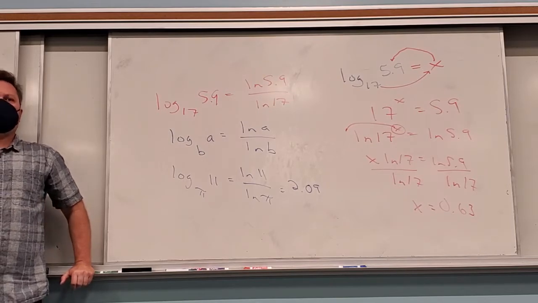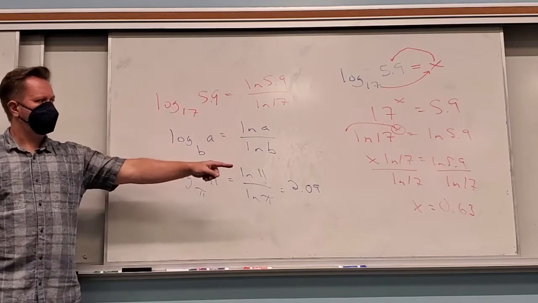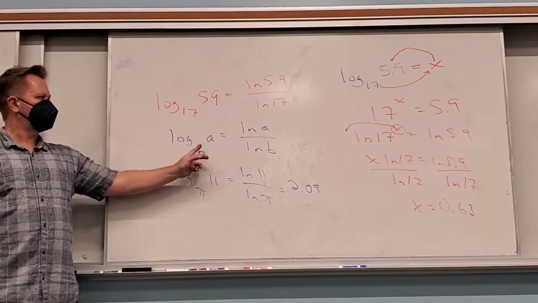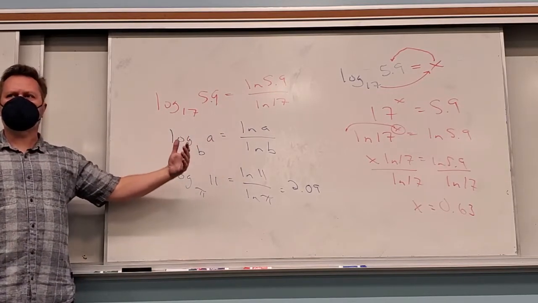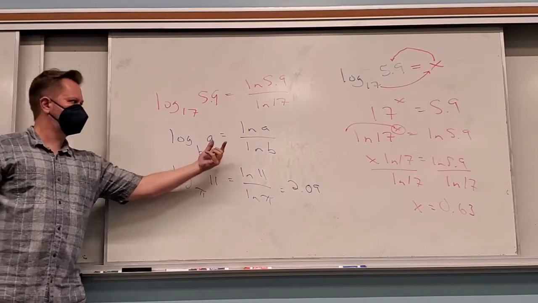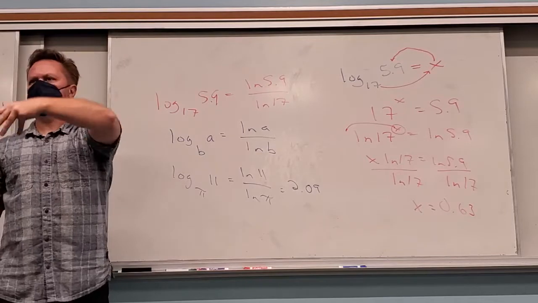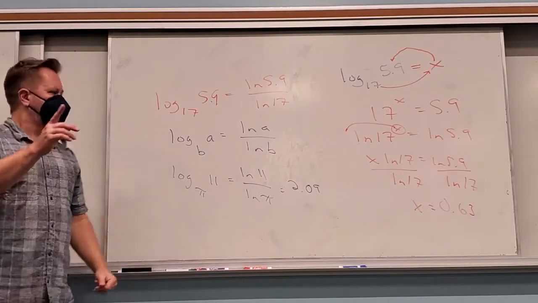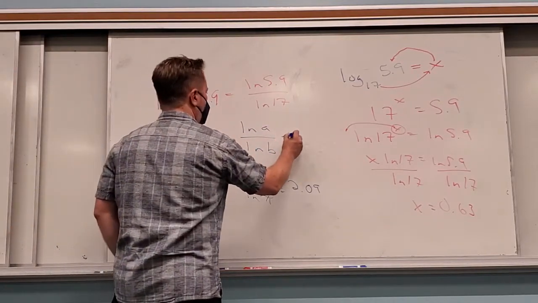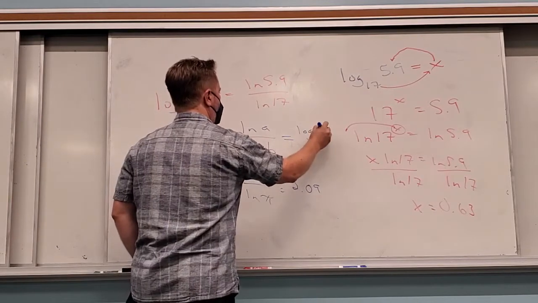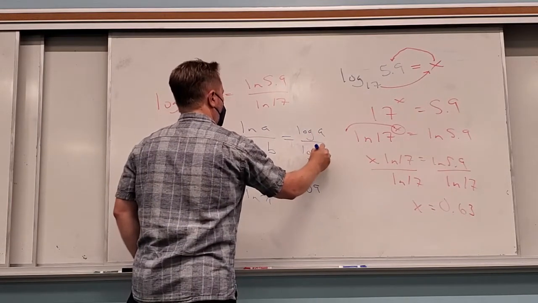That's just a fact. We sort of proved it there, that's what happens. So now in general, you see why it's called the change of base. This is a base of b, this is a base of e. I just changed the problem from a base of b to a base of e. Now watch. It really doesn't matter what log you use here. So let's try this.